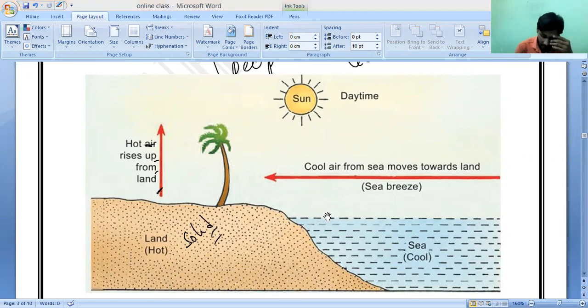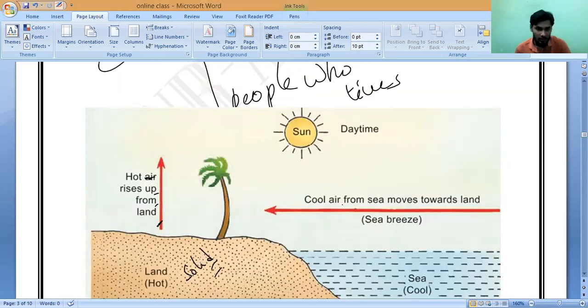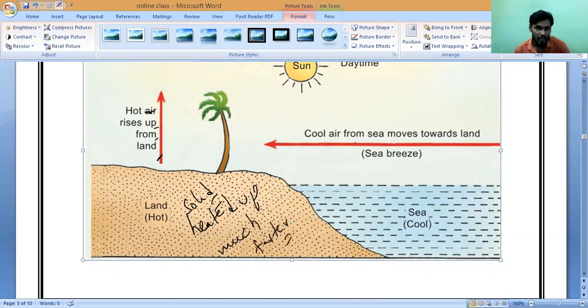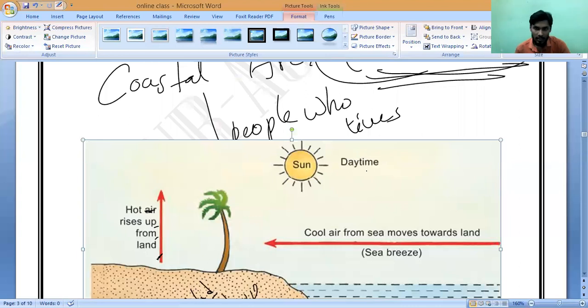During daytime when the sun shines, the solid land gets heated to a higher temperature much more quickly than the liquid seawater. That is what you should remember. Because it is solid, it will heat up much faster during daytime.